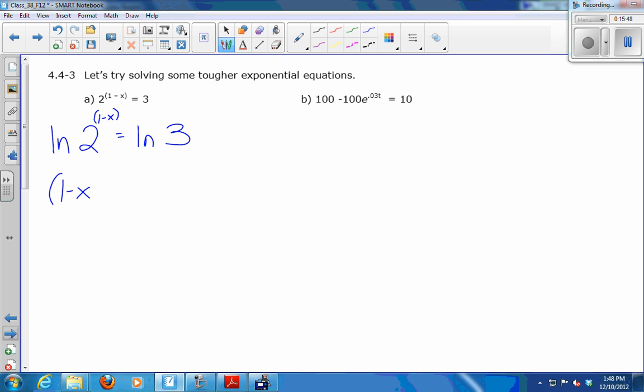So I have 1 minus x times the ln of 2 equals the ln of 3. Now, anyone have any ideas? Divide both sides by ln 2. Yes, I can definitely do that. What else could be a reasonable next step here if you decided not to do that?